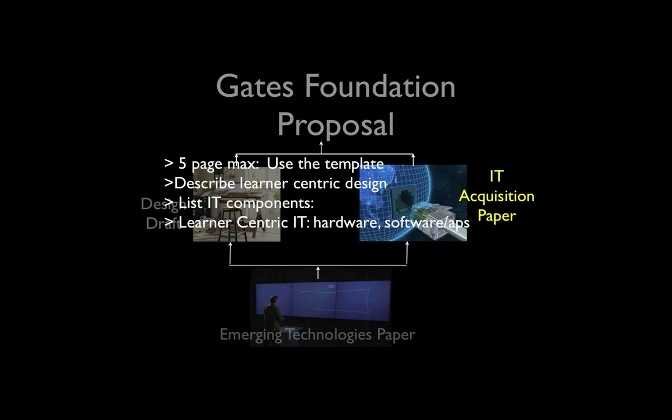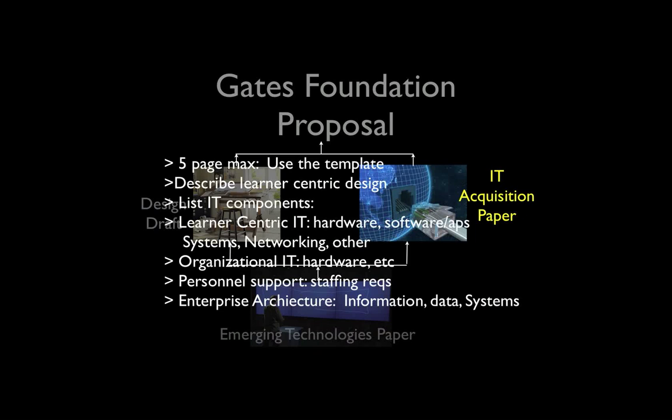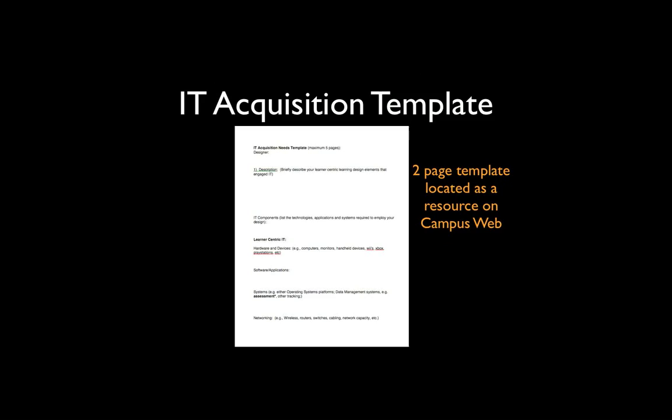You're going to list the IT components for the learner-centric IT: hardware, software, applications, systems, networking, and other. You'll look at organizational IT, the hardware required for that, the personnel support, staffing requirements, the enterprise architecture, information, data, and systems.